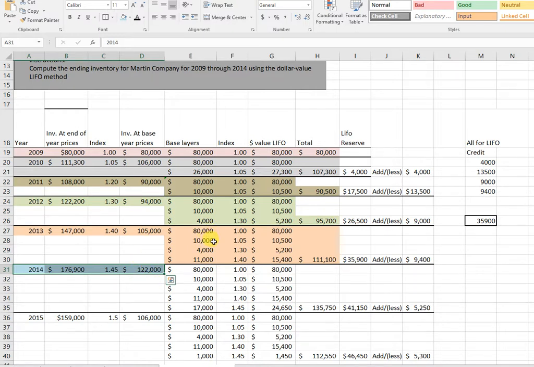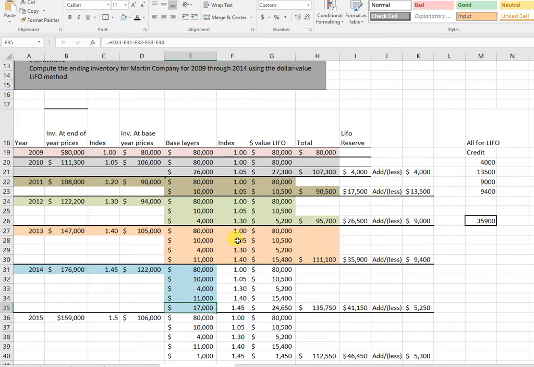I have a 10, so that's 90, so I still have those. I have a 4, because that's 94, so I still have those. I have an 11, so that's 105, so I still have that. So notice as long as this number is greater than that, I'm going to have all those layers. So then I have an additional 17,000 to get to my 122. So all those add up to 122.